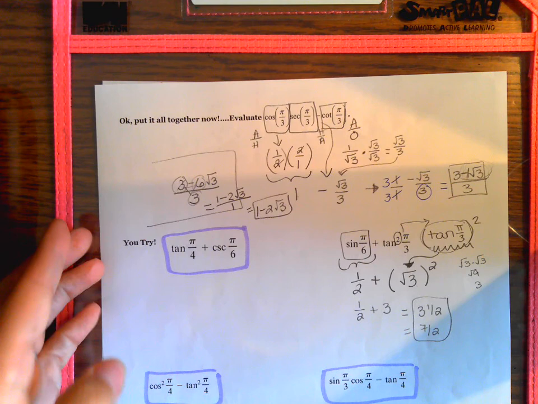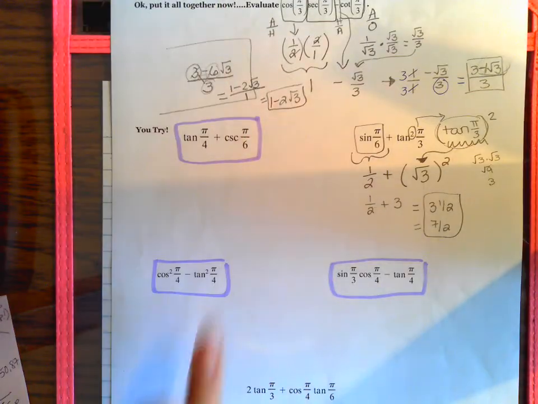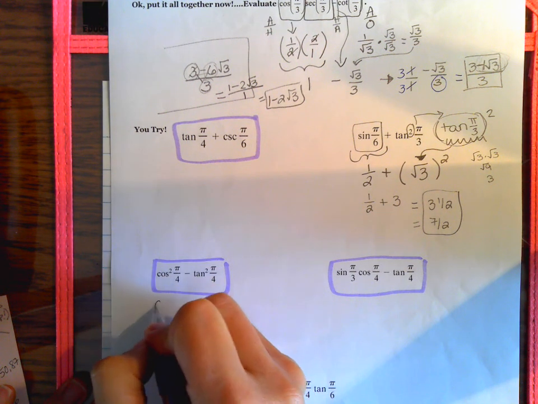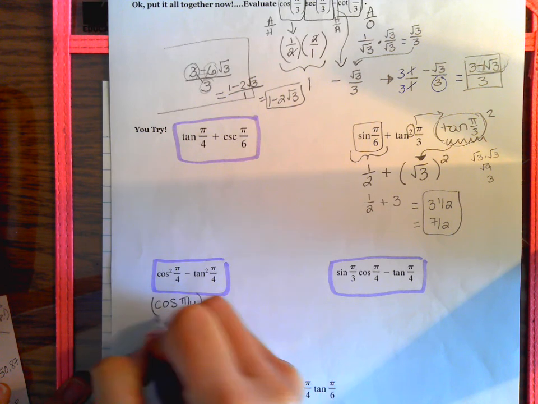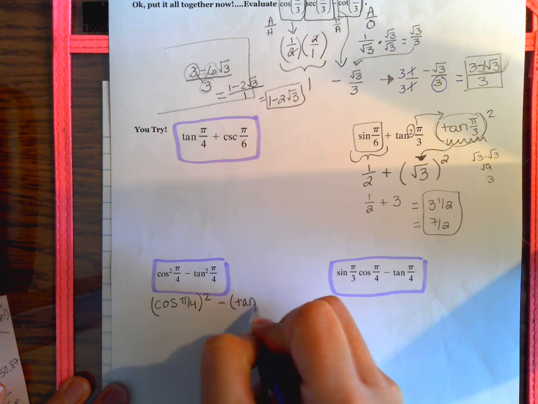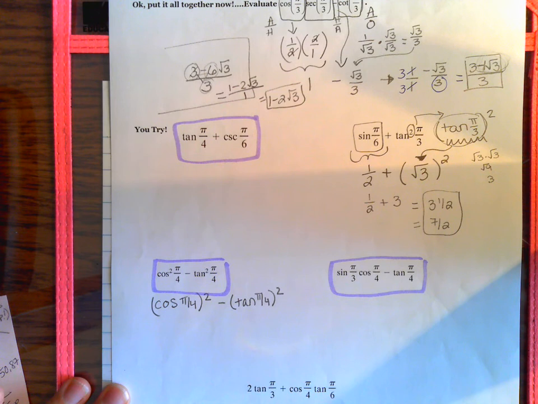And I'm going to have you guys also complete the purple you try problem for the next two. Okay. Just remember that this would be cosine pi over 4 in parentheses squared minus tan pi over 4 in parentheses squared. Okay.